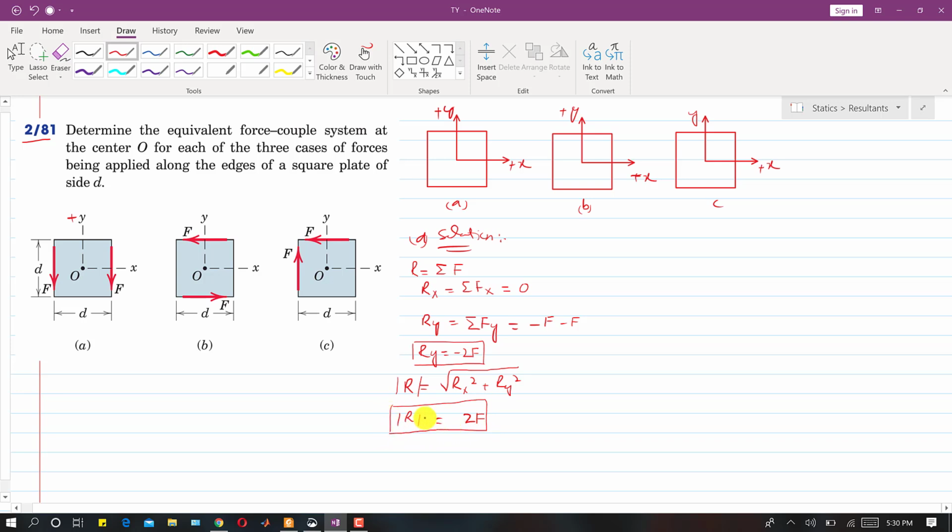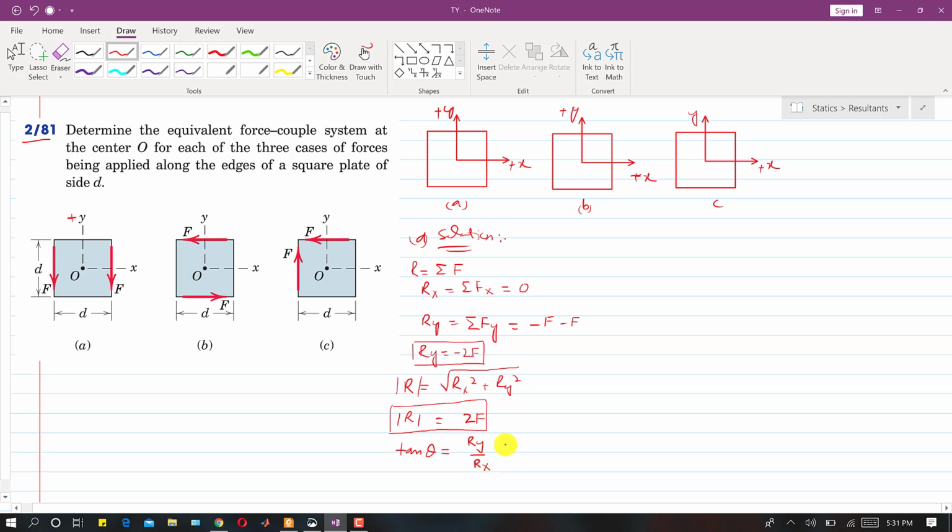And if you want to find the angle, then we will apply tan theta. There is no X component, so the resultant is vertical. Tan theta will be equal to Ry divided by Rx.